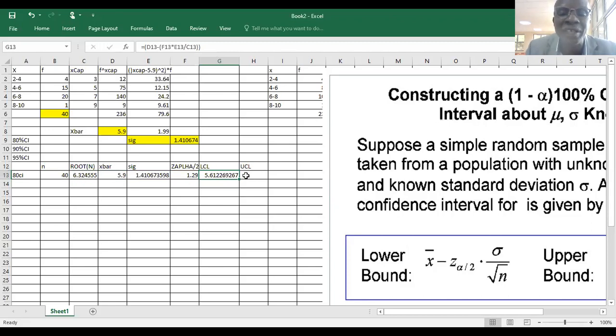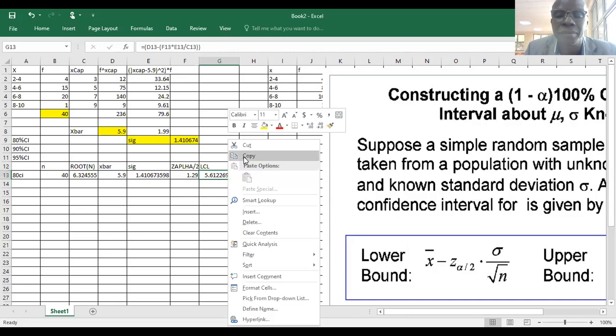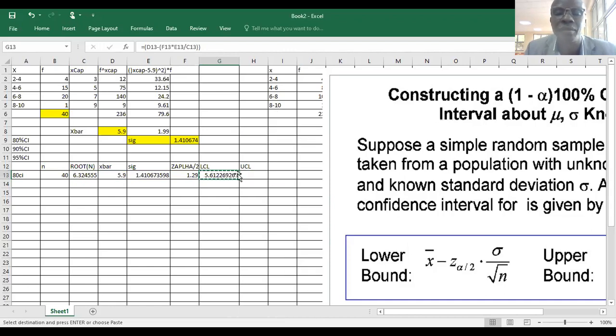Then I copy the same thing here, but I'll just edit it.